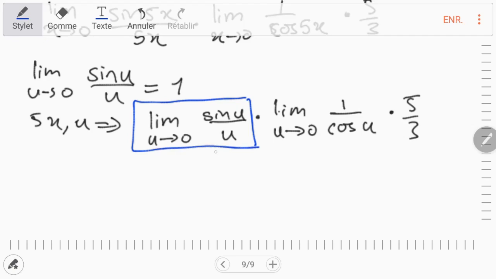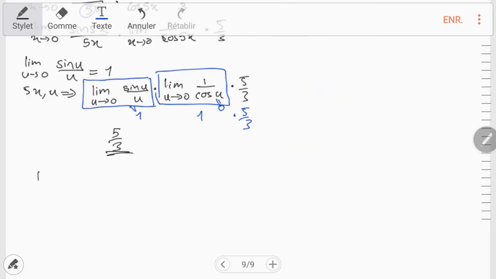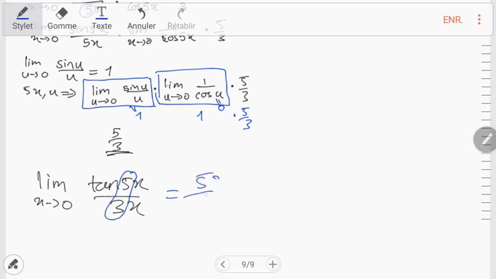This limit leaves 1, and replacing 0 into u, we obtain 1, because cos 0 is 1, and 1 divided by 1 is 1. We are left with 5 all over 3. Therefore, 1 times 5 over 3 ends as 5 all over 3. Therefore, the limit as x approaches 0 of tan 5x all over 3x is simply 5 all over 3.